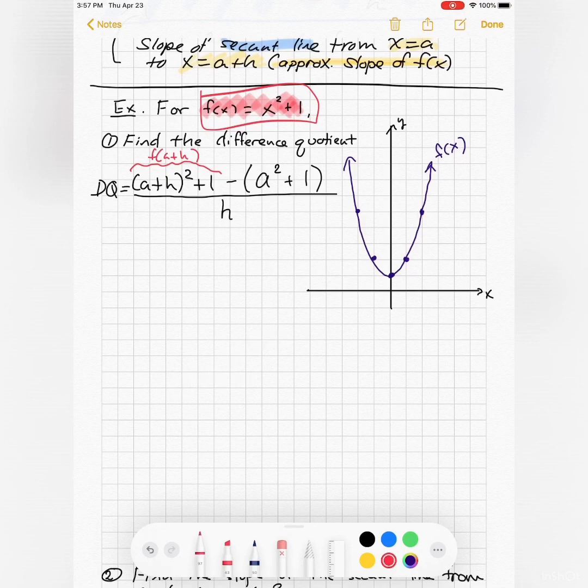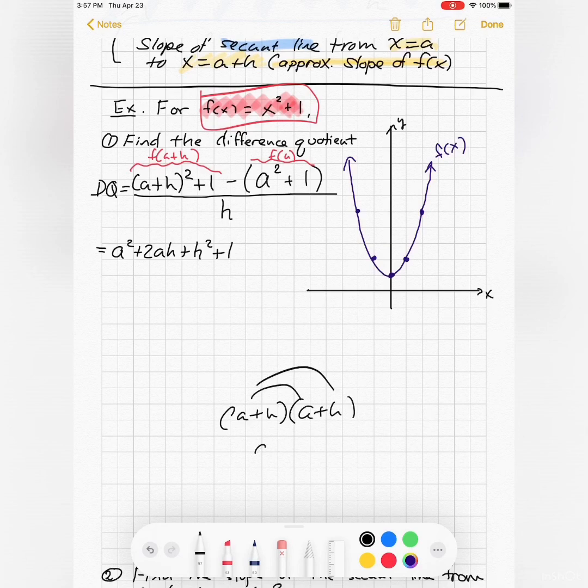Okay, so then again, this is the f of a. Just doing the arithmetic now. So I have to do a FOIL. So that's a squared plus 2ah plus h squared plus 1. A plus h squared is a plus h times a plus h. A squared, 2ah's, plus an h squared, right?